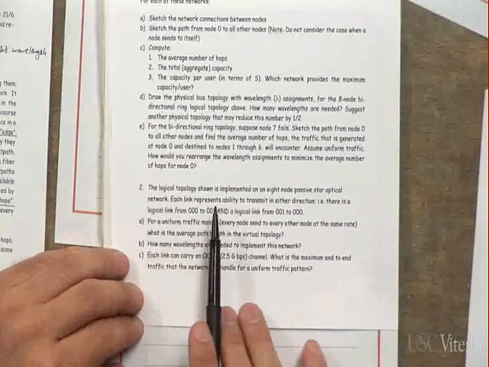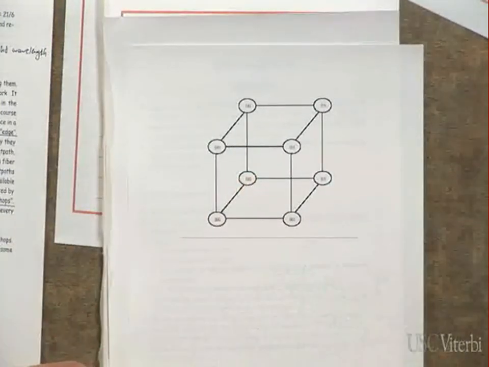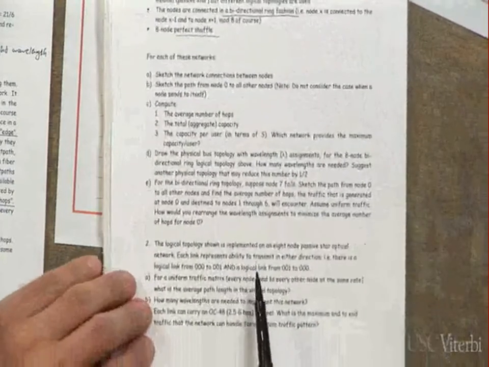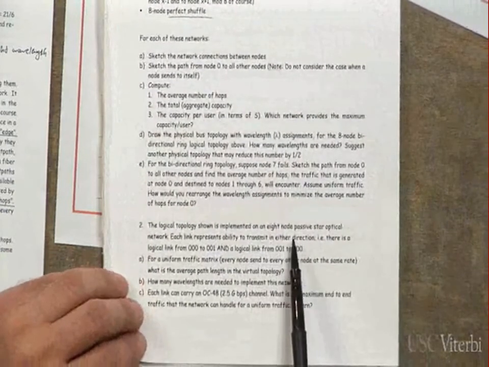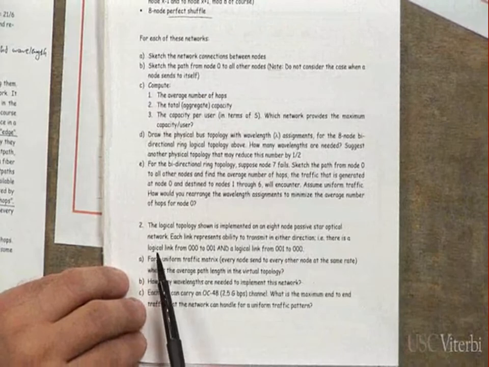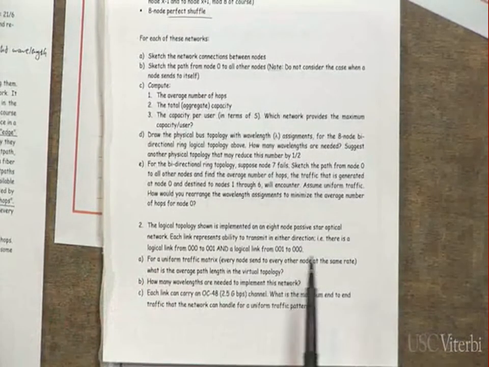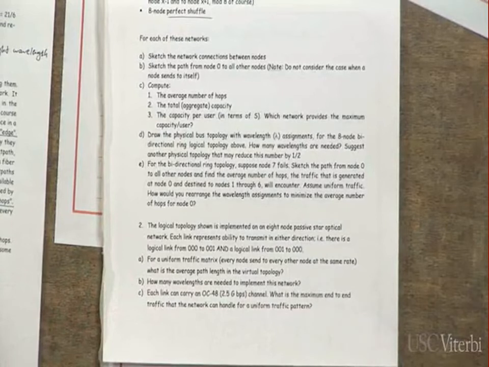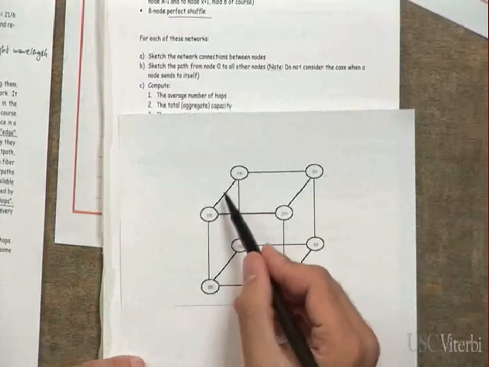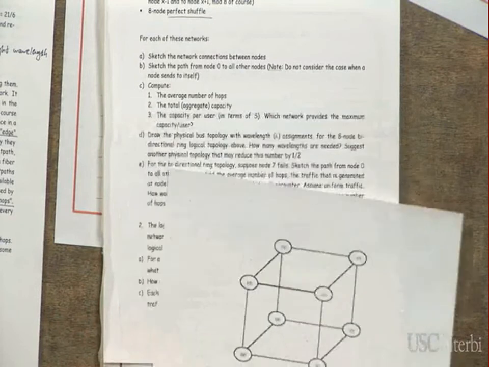The logical topology shown in this figure over here, this is a logical topology, it's a hypercube, and is implemented on an 8-node passive star optical network. Each link represents the ability to transmit in either direction. Okay, this means that this is a double link. We can transmit either way.